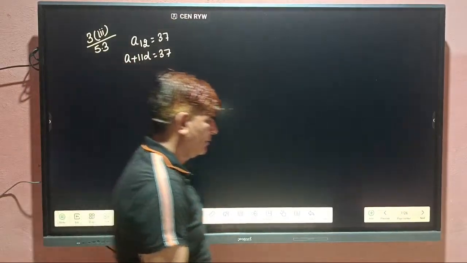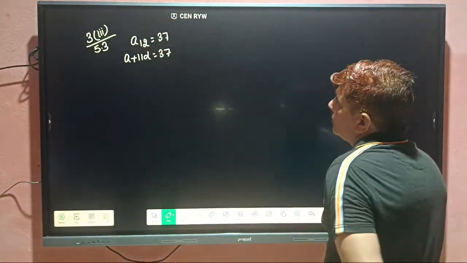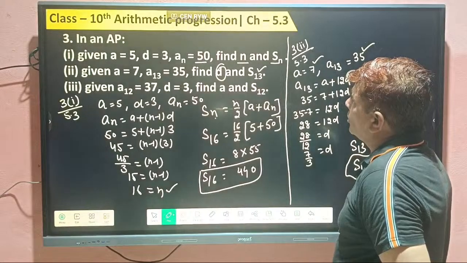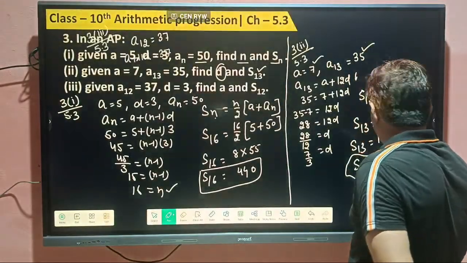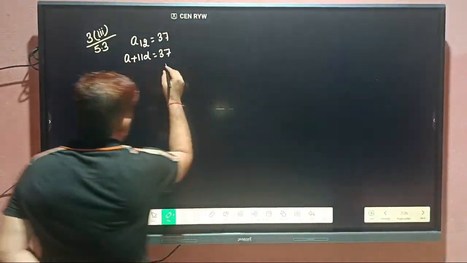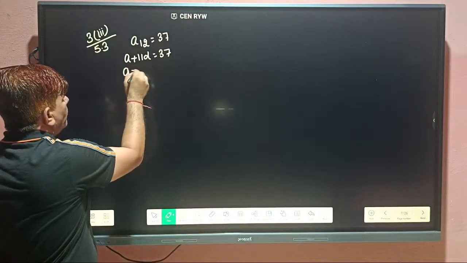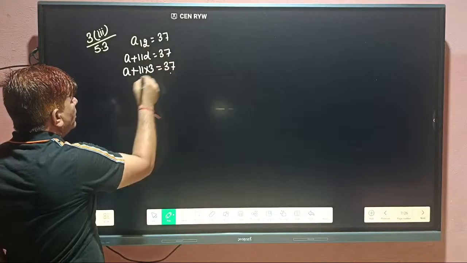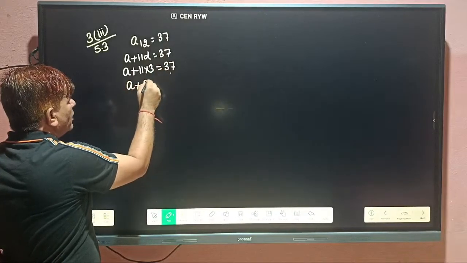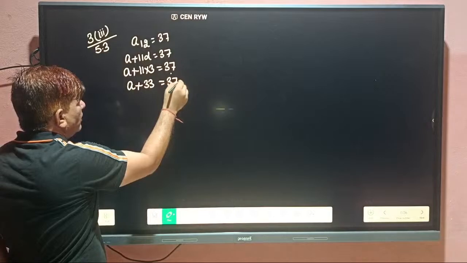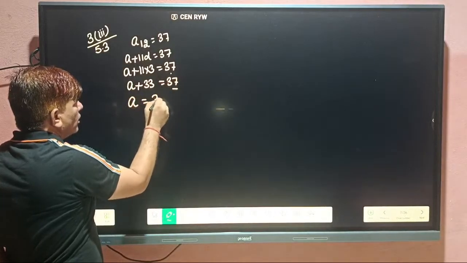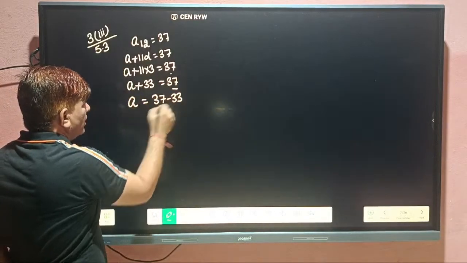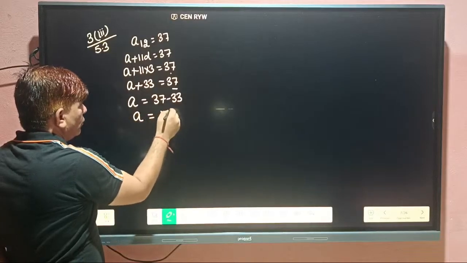D equal to 3 is given, so put the value of D here. A plus 11 into 3 is equal to 37. So A plus 33 is equal to 37. So A equal to 37 minus 33. So A equal to 4.